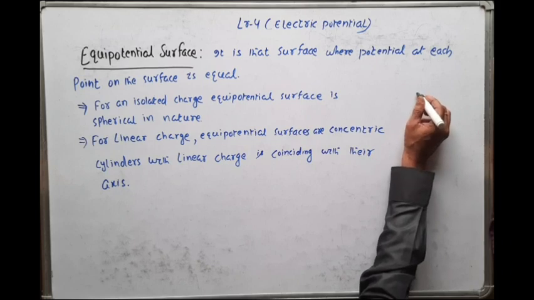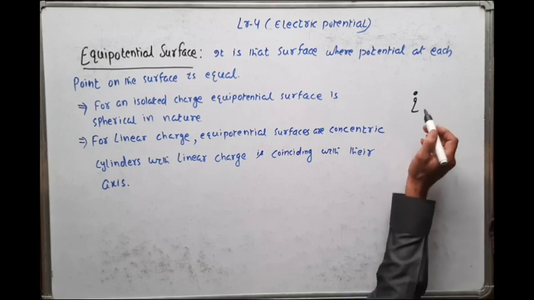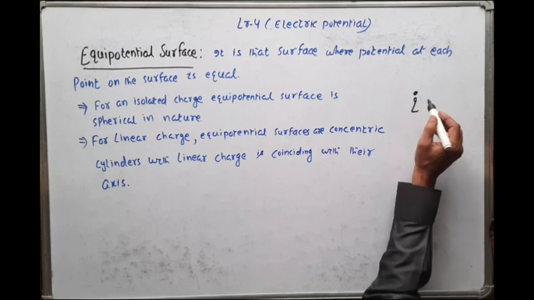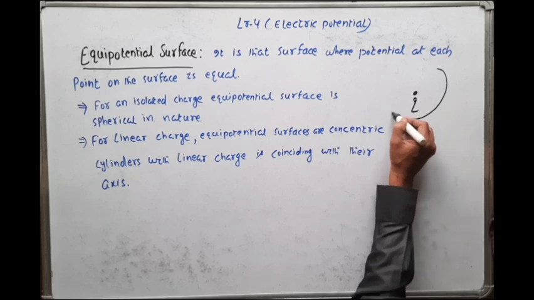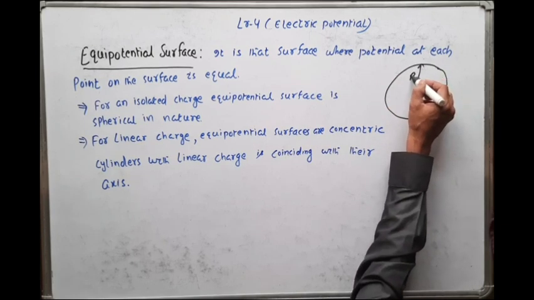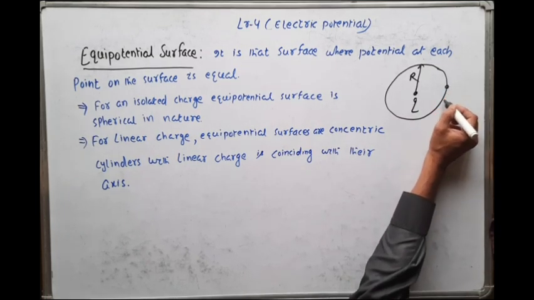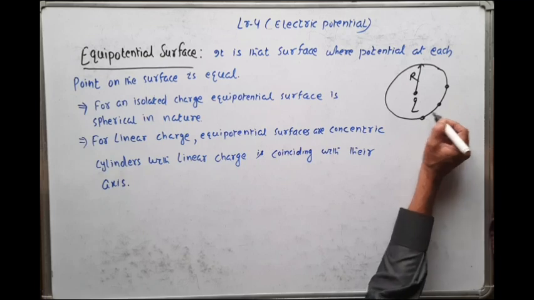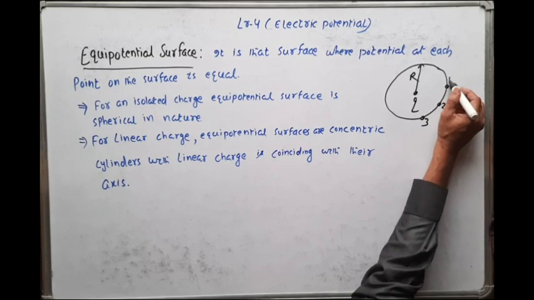Suppose I will take a point charge, an isolated point charge. Isolated means only one charge is present. If I draw a sphere of radius r, and take 2 or 3 points on the sphere, suppose this is 1, 2, 3. What is potential at 1?